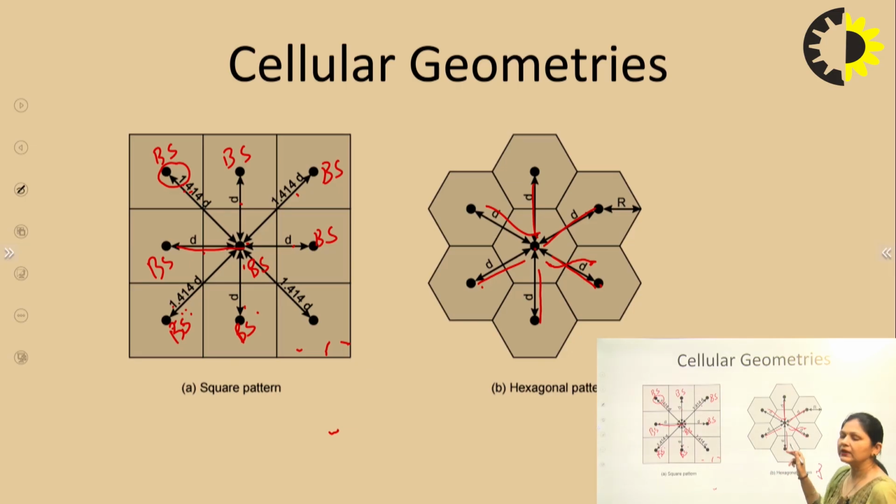So if all the distances are the same, it will be easier for the system to decide when it should shift control from one base station to another. That's why a hexagonal structure is taken for cells. So we are dividing a geographical area into hexagonal cells for cellular technology.